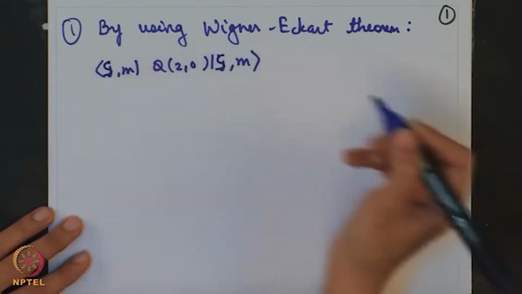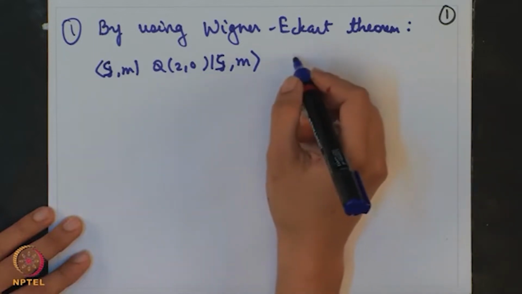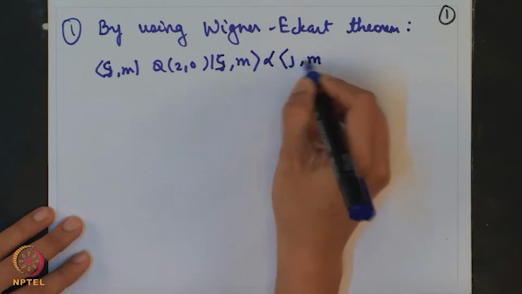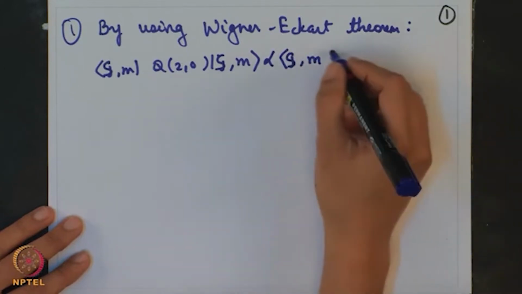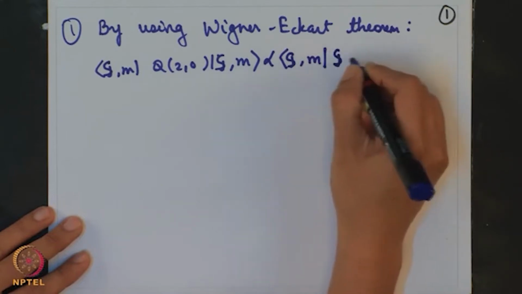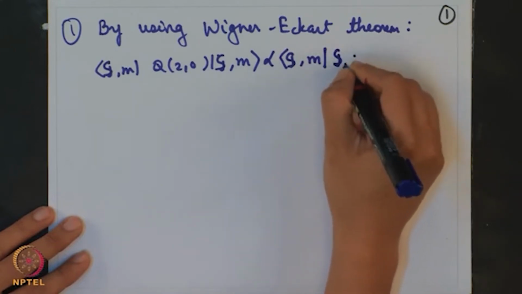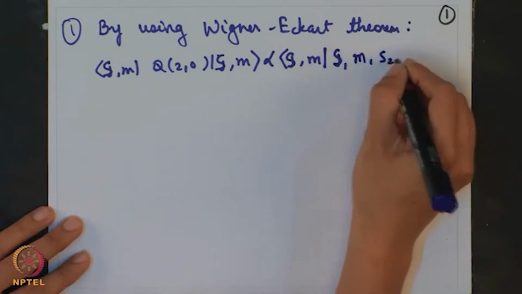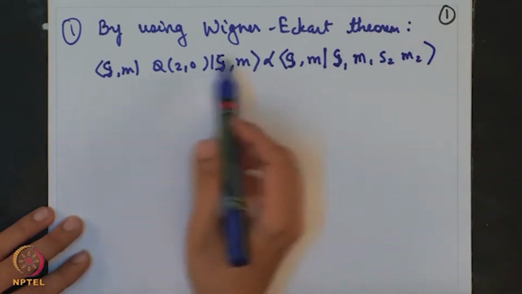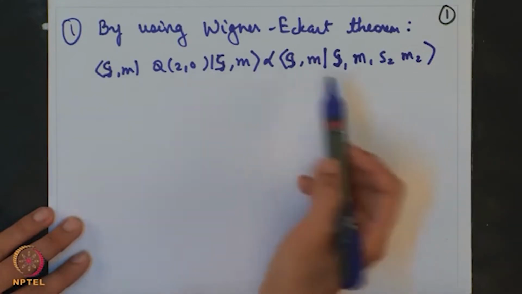So, I will have S comma m, and this will be proportional to capital J and m or capital S and m, and then I have S1 m1 S2 m2, or rather we can write the Wigner-Eckart theorem in terms of the CG coefficient.